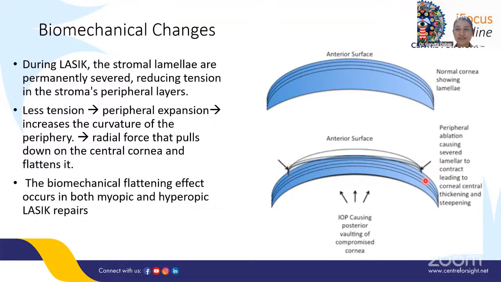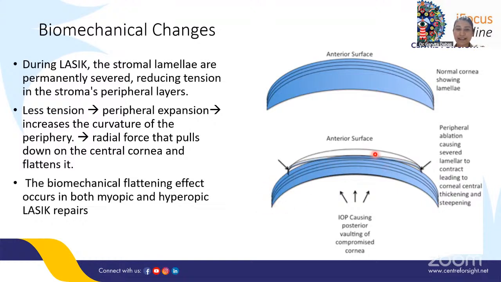This severance causes reduction of the tension in the peripheral layers, and this reduced tension leads to peripheral expansion on both sides, which can increase the curvature of the periphery, and that further causes a radial force that pulls down the central cornea. So centrally it comes down, whereas peripherally it actually increases the curvature.